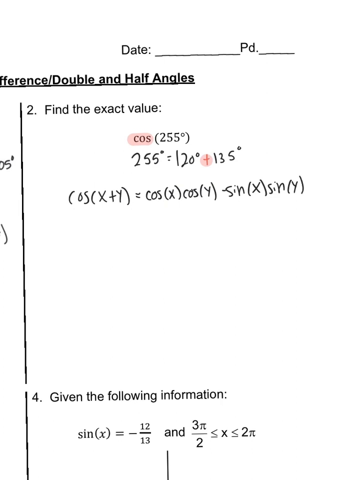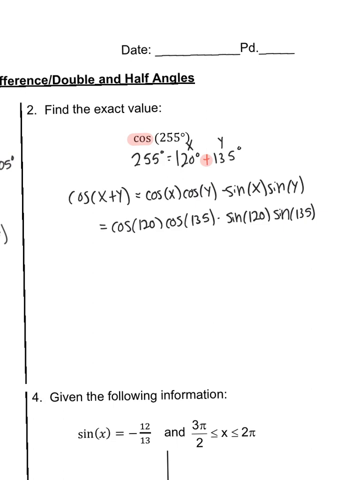I'm going to let 120 be my x and 135 be my y, and I'm going to go through and replace those in my equation. Okay, and then you're going to use your unit circle to evaluate those points.